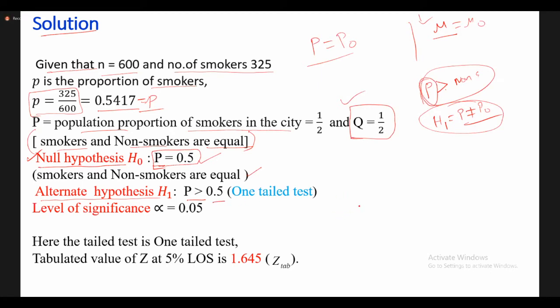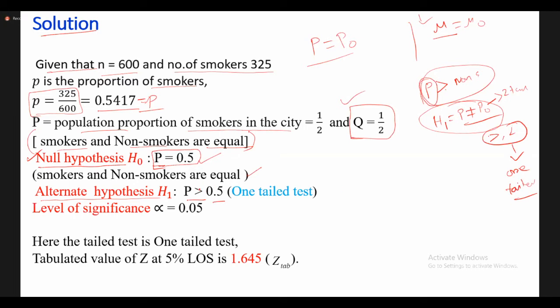If the alternative is of the not equals to type, the test is a two tail test. Either greater than or less than, in both cases the test is a one tailed test.